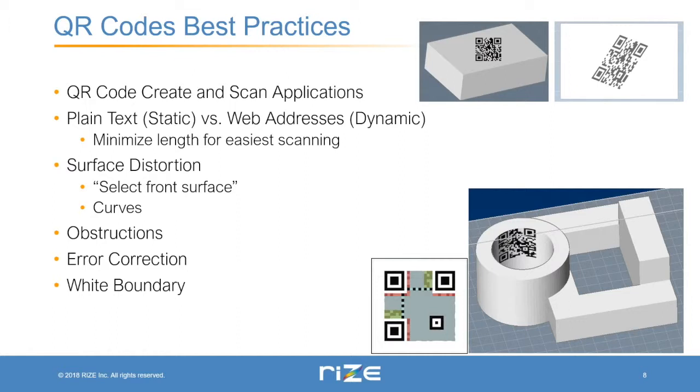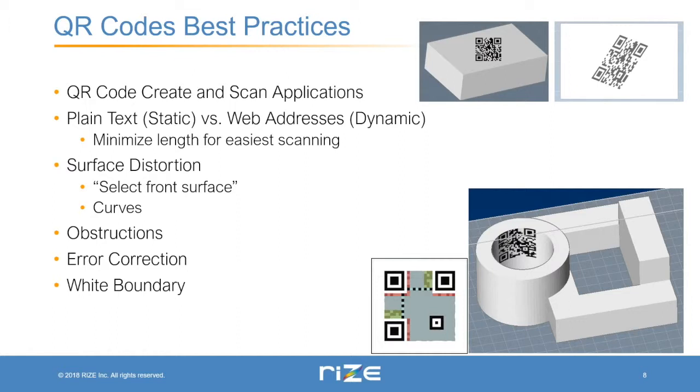And the more pixels you have, the more likely you are to reach the limits of resolution on the particular application that you're using. So if you're, for example, using a web address, you may want to limit the size of the web address as much as possible. Remove any unnecessary characters such as www. And that can prevent you from producing too large of a QR code and being unable to scan it.